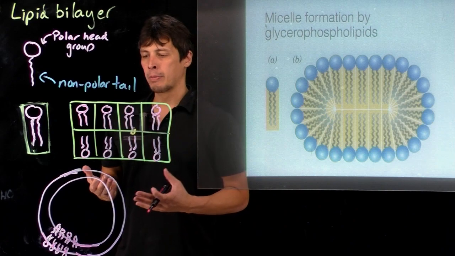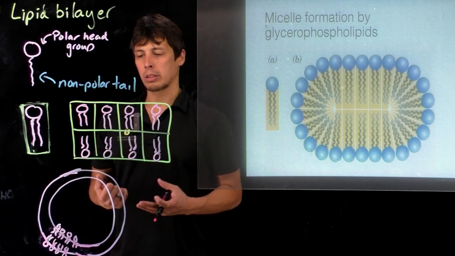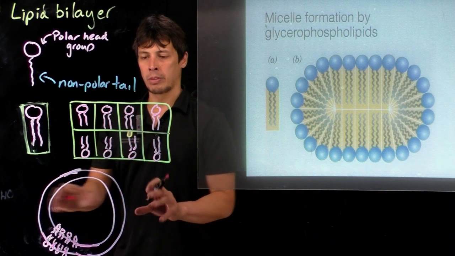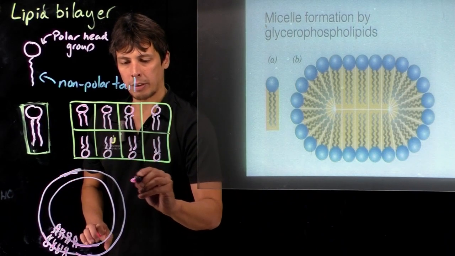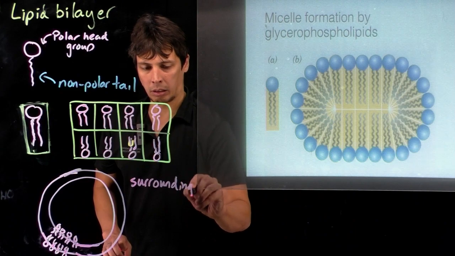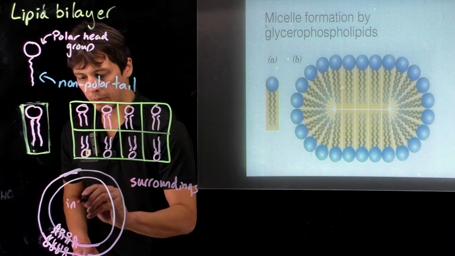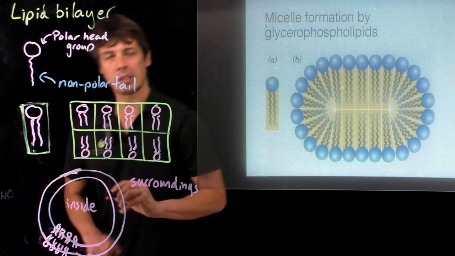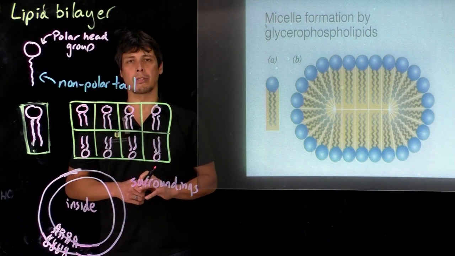So now you have a membrane which can separate the surrounding environment from the inside. Okay? This is exactly what the membrane does for the cell.